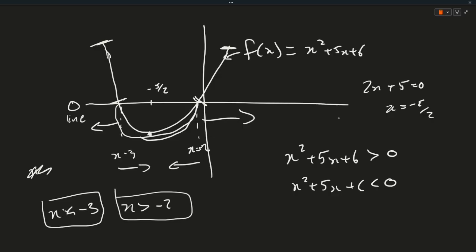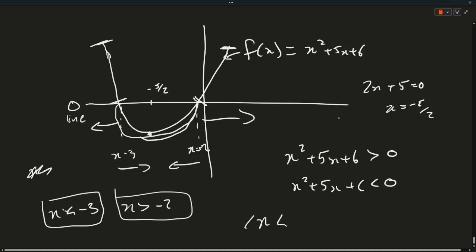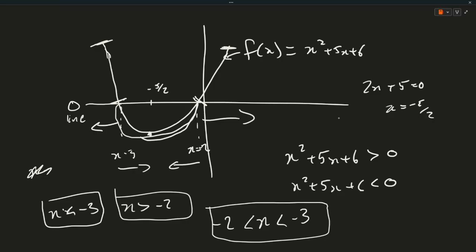In other words, x is between minus 3 and minus 2. A lot of people get tripped up about whether to have it as this or this, because they're kind of guessing. I would recommend that you always sketch out this graph, and then it is painfully obvious whether x is between two points, or x is less than a certain point and greater than a certain point.